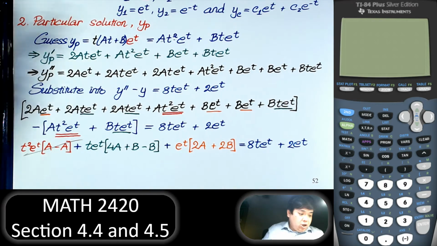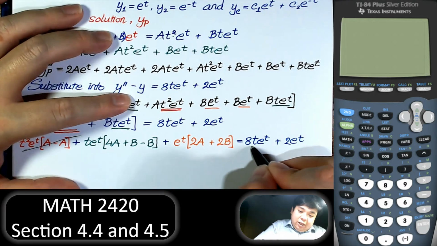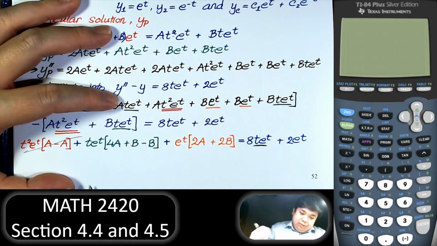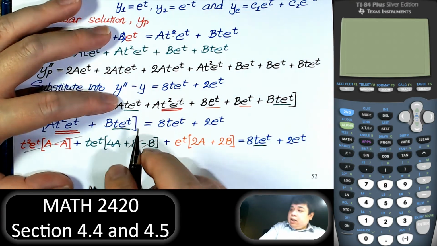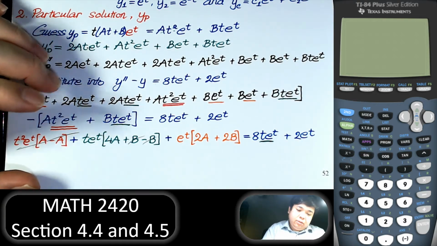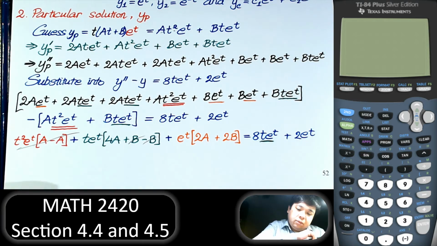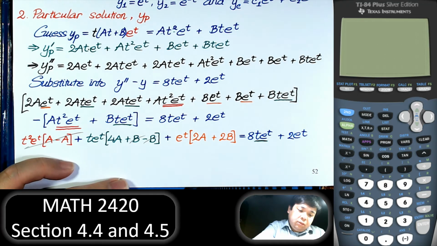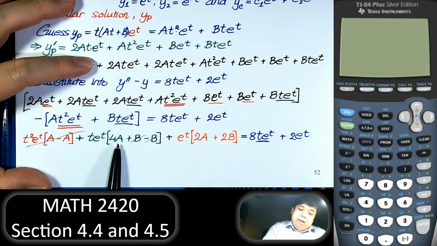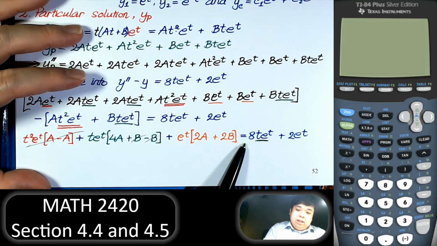Now we will match t e to the t. So here we have, that also cancels out. So that gives us 4a equal to 8.